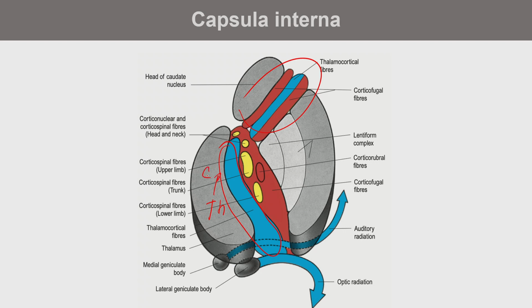And next is a band which is from genu to the posterior limb, forming descending tracts. And in the descending tracts you have here yellow. Yellow are important because they are corticonuclear.